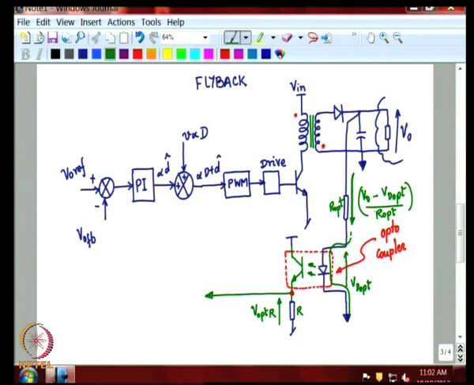Now, this amount of current, once it flows through, will bias this transistor, the opto transistor here, and it will be at some operating point, it will have some VCE. So, what appears across here would be, if this is VCC, VCC minus VCE opto. This is VCE opto.